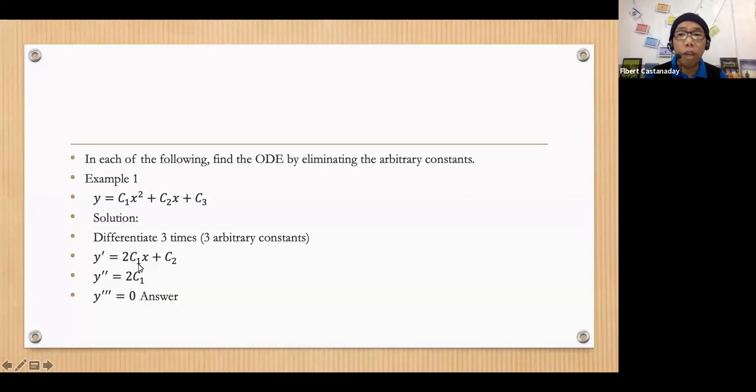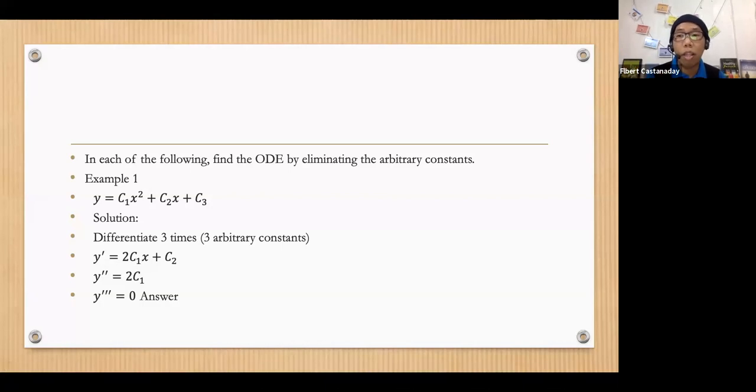So we're able to follow the rule, which is to differentiate as many times depending on the number of arbitrary constants. Again, that's the main rule here. You check for the number of arbitrary constants. If there are 3 arbitrary constants, it means that you are to differentiate 3 times. If there are 2 arbitrary constants, you have to differentiate twice.